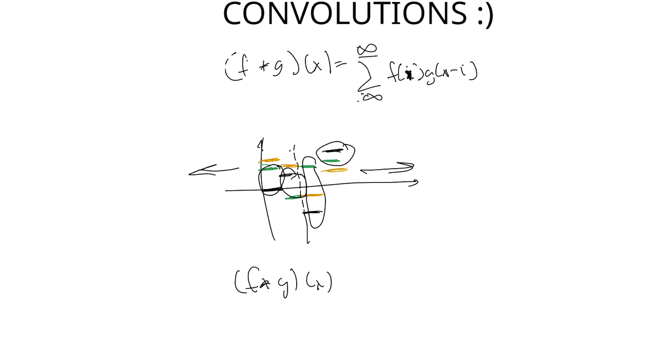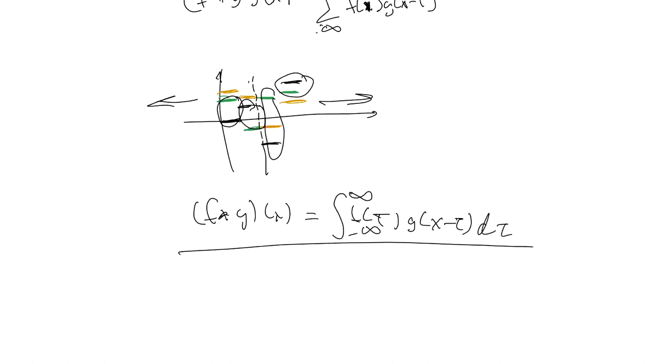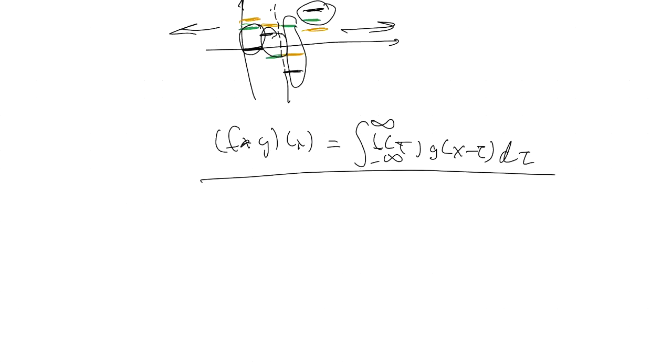It equals the integral from negative infinity to infinity of f of tau, g of x minus tau, d tau. We can't use x in this case, so we're going to use the Greek letter tau, because that's what everybody uses. And so this is our definition of the normal convolution on continuous functions.